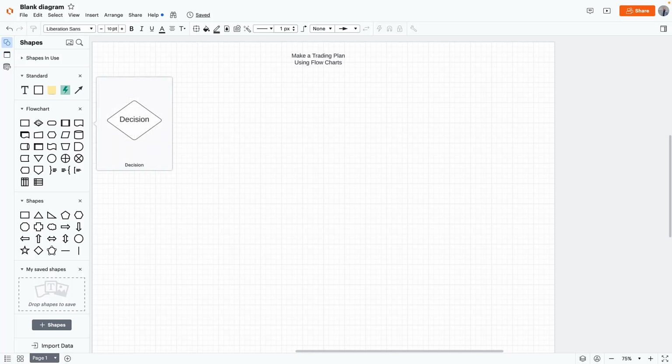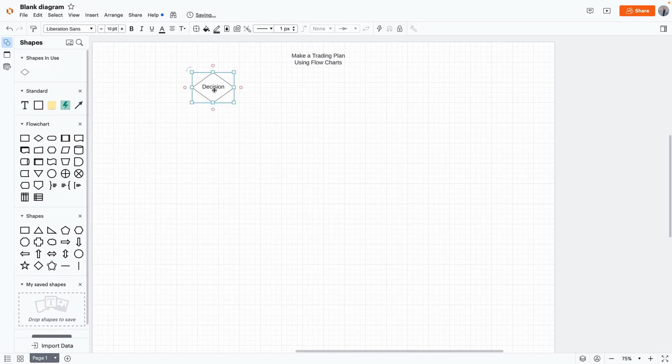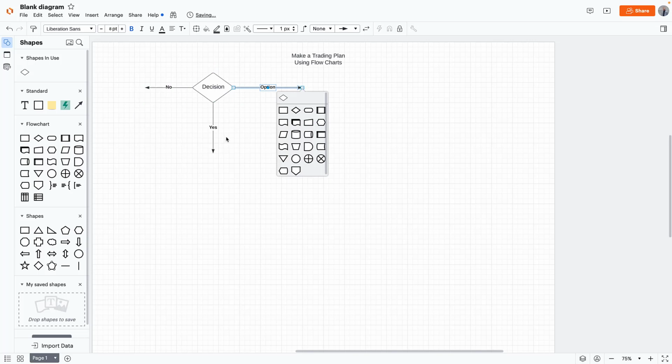So we have this triangle that's used in flowcharts to decide a decision. And then from each one, there's an outcome. For instance, it might be yes, it might be no, or it could be some other outcome, and you're able to define what that might be. Like, for instance, this could be 1, this could be 2, and this could be 3.